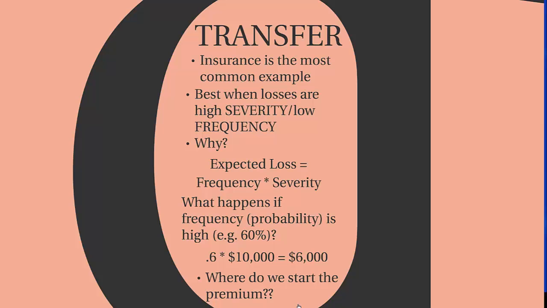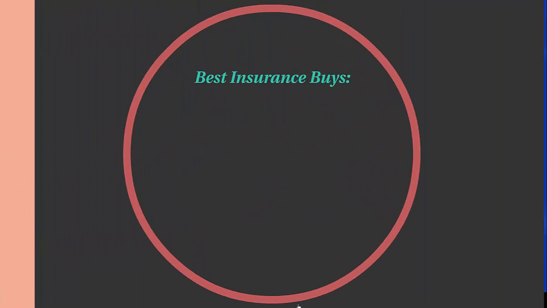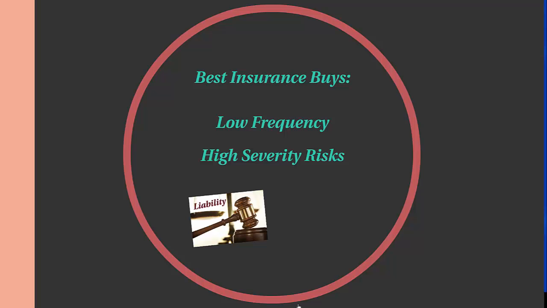And if a loss is low severity and low frequency, even those are probably better retained and controlled. The best insurance buys: low frequency, high severity risks, such as liability risks and the exposure to death.